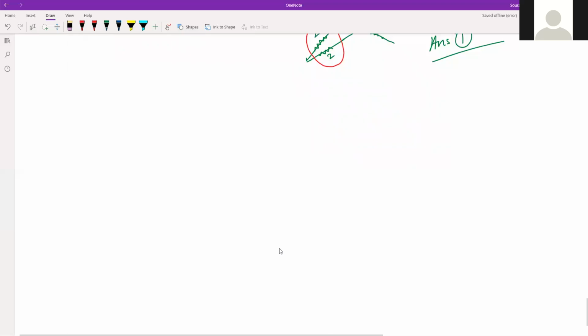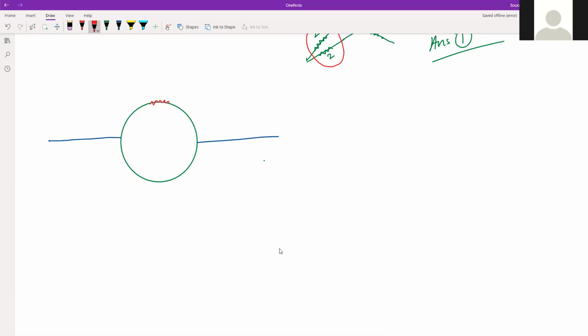And in our exams, the questions may not be given directly. For example, you may get something like this. So there is a resistor here and there is a resistor here. It's in the form of a circle, that's all, nothing else. But what do we know?